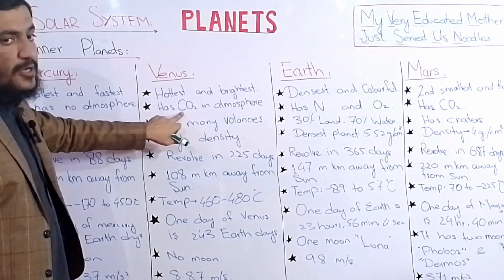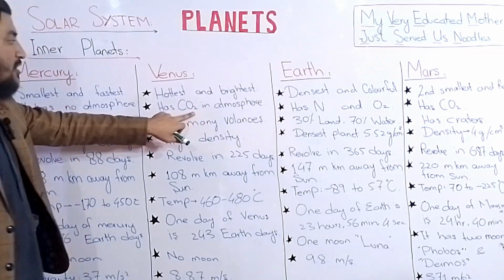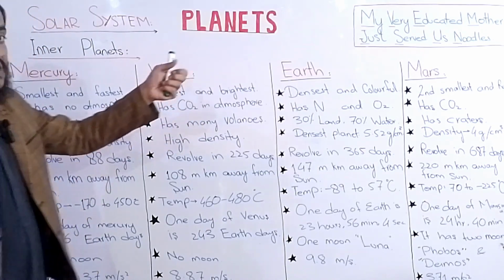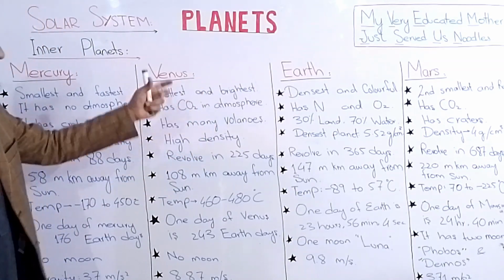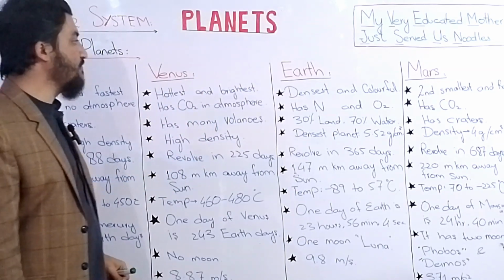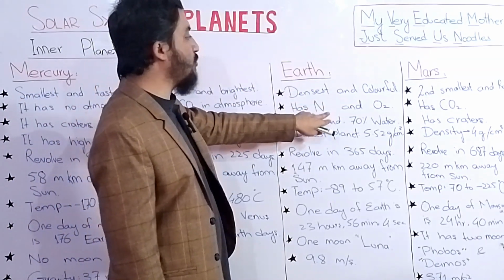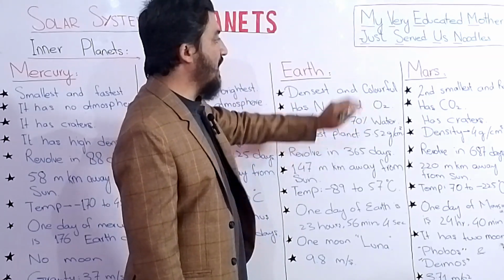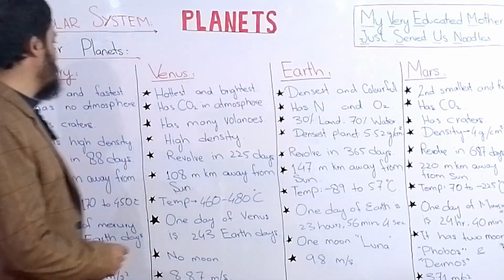Venus has carbon dioxide in its atmosphere, which absorbs maximum light and heat. That's why it is also called the hottest planet. Earth has nitrogen and oxygen as the major components in its atmosphere, and Mars has carbon dioxide in the same way.